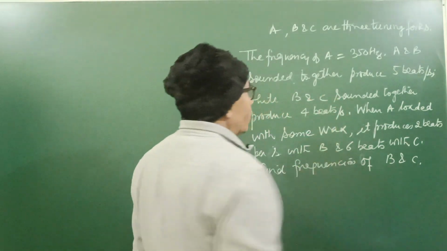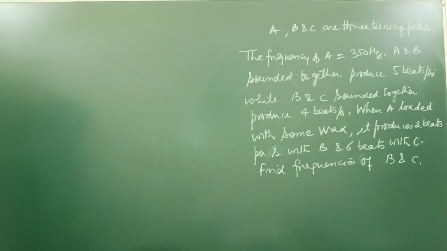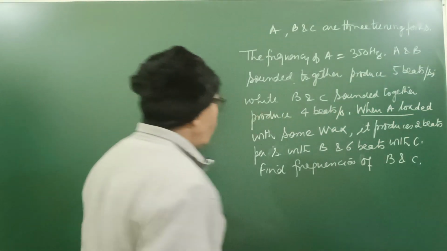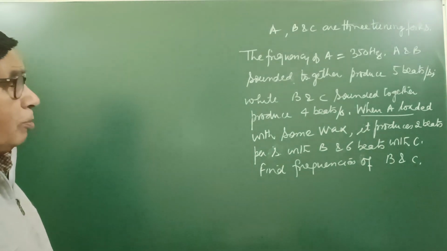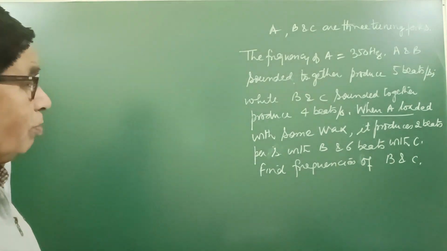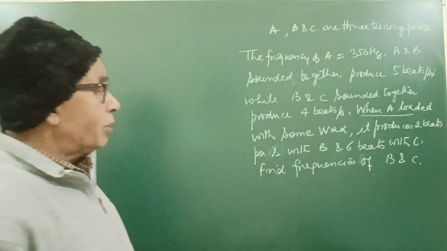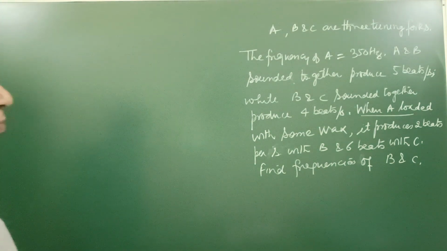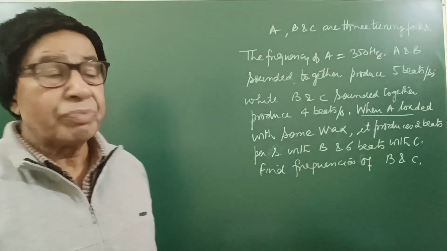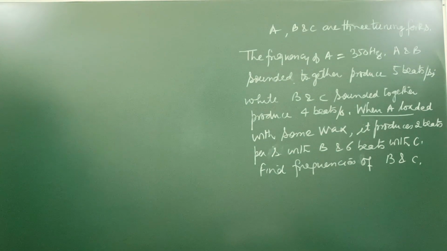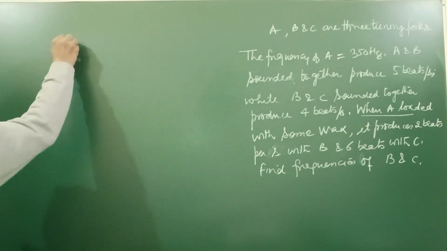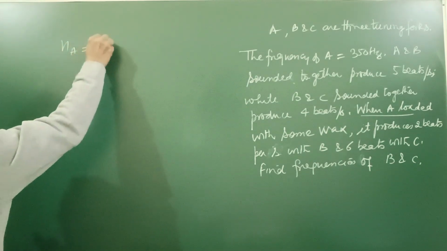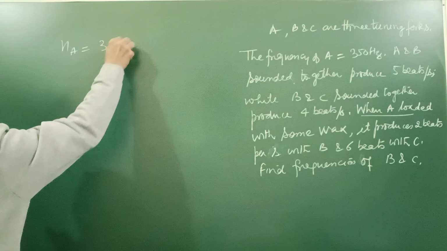When A is loaded with some wax, it produces 2 beats per second with B and 6 beats per second with C. Then find the frequencies of B and C. So nA is equal to 350 Hz.